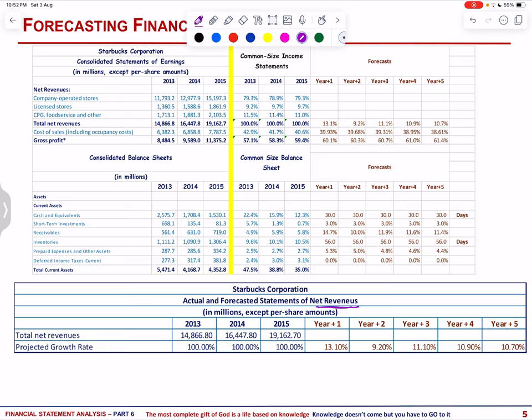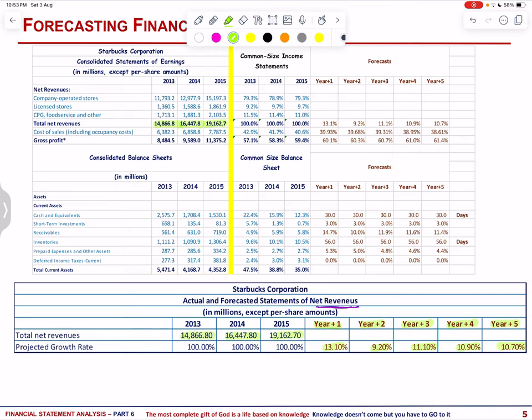The total revenue for the years 2013, 14, and 15 is picked from the total net revenue given in the consolidated statements of earnings, and we are going to look into the forecasting for years number 1, 2, 3, 4, and 5. Now the projected growth rates are given to us.